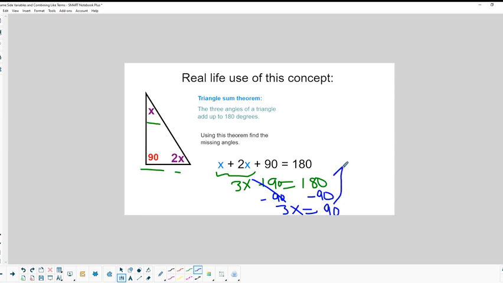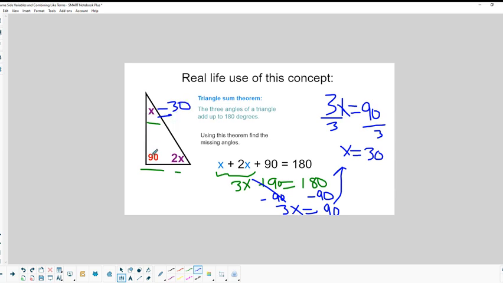So I need to come up here and get a little more room. 3x equals 90. So all I need to do now is divide by 3. And lo and behold, I get x equals 30. So now I know that if x is 30, then this angle up here, this missing angle, is 30 degrees.